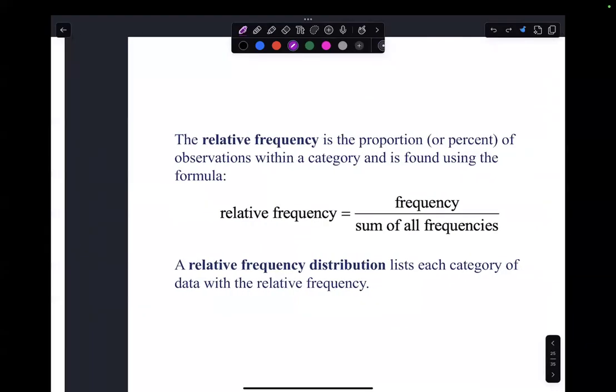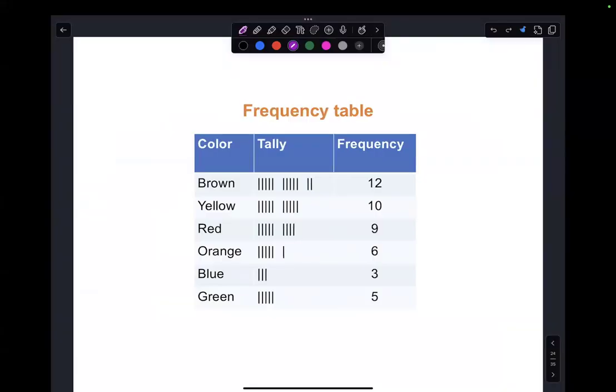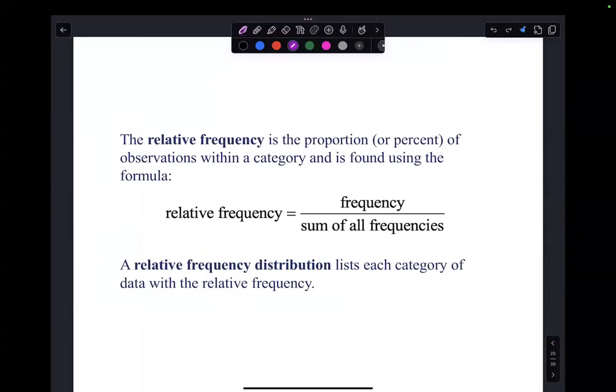Okay, so that's all I'm telling you about frequency tables, but now I'm going to tell you about relative frequency. Relative frequency is a nice way to compare things because if I had two different bags of M&Ms, they're going to have different numbers of M&Ms in the bag.